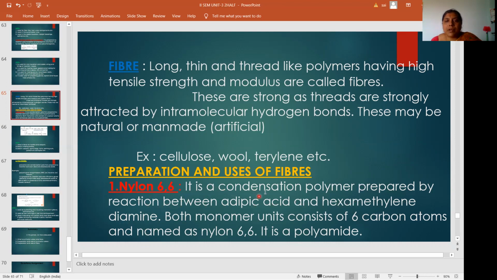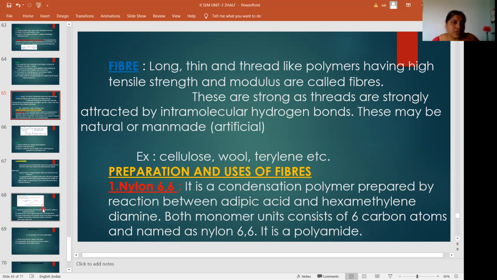Condensation polymerization takes place between 2 monomers: first one is adipic acid and second one is hexamethylene diamine. In both the monomers, 6 carbon atoms are present, so it is named nylon 6,6, and it is a polyamide.